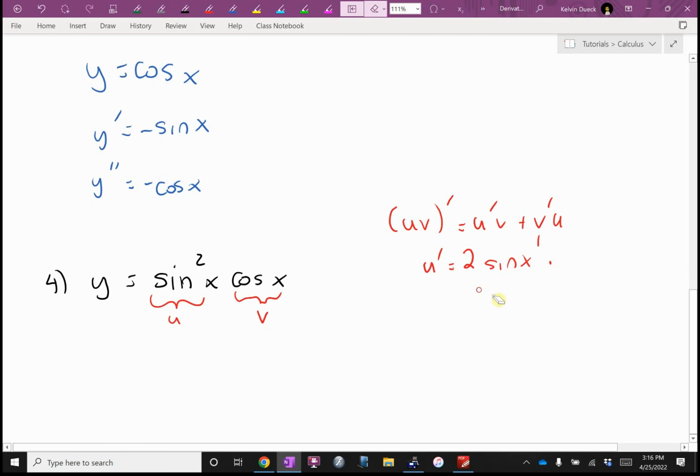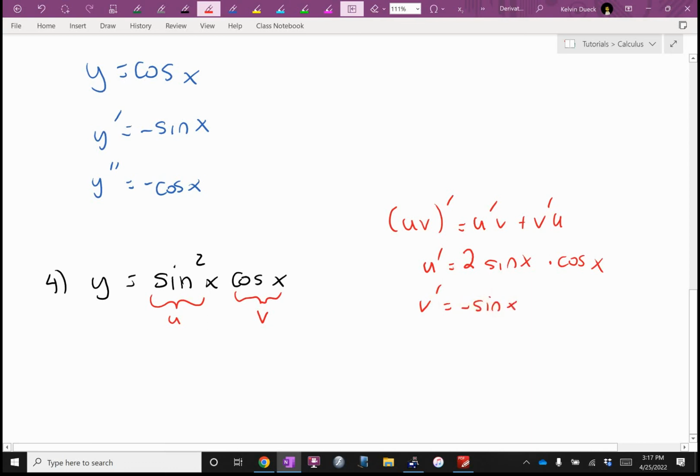What's the derivative of sine x? The derivative of sine squared x is 2 sine x cos x. What's the derivative of V, cos x? Negative sine. You all just told me.